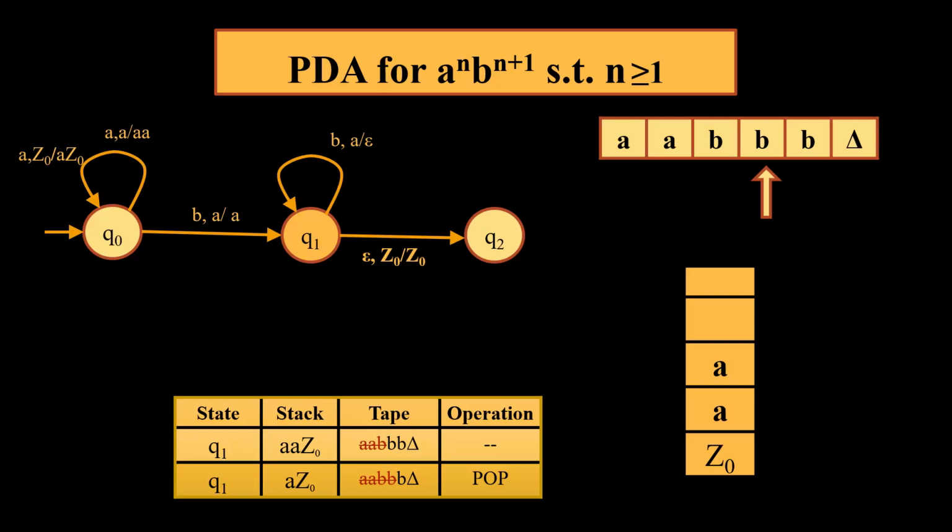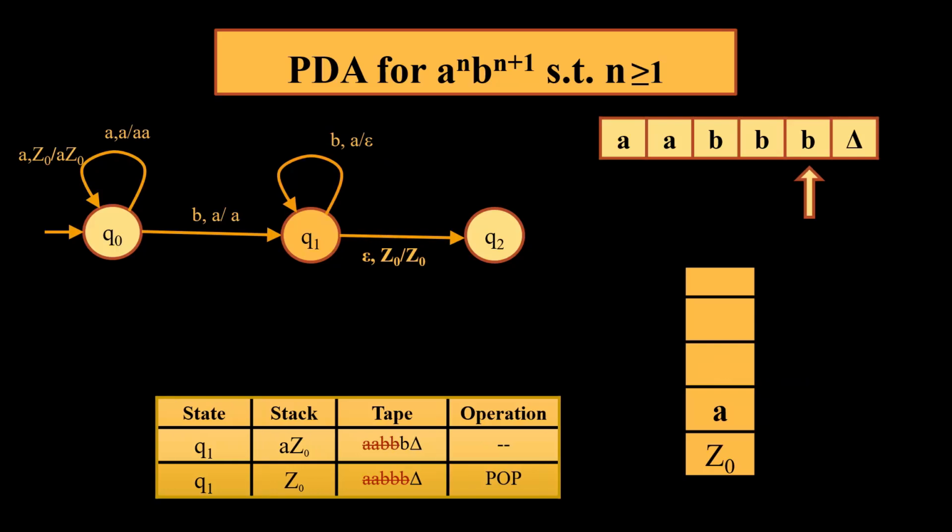Now we are in state q1, we come across b, read that, and the element popped off the stack should compulsorily be a. A has been popped. Now the second b for the stack, but the third b on the tape, since 1 b was already consumed without any push or pop operation.